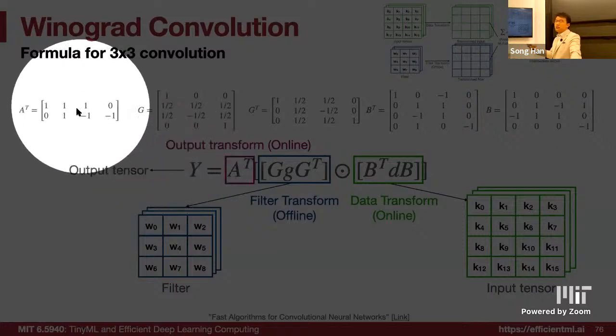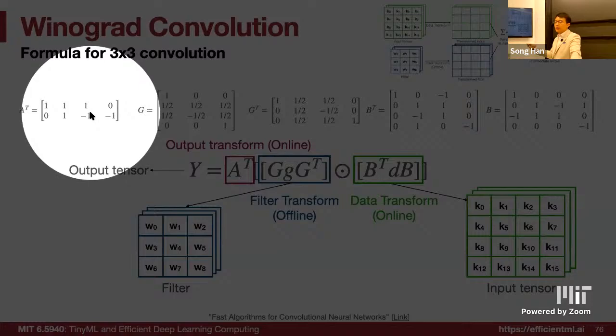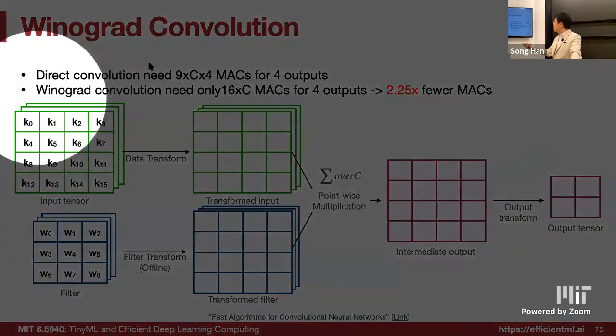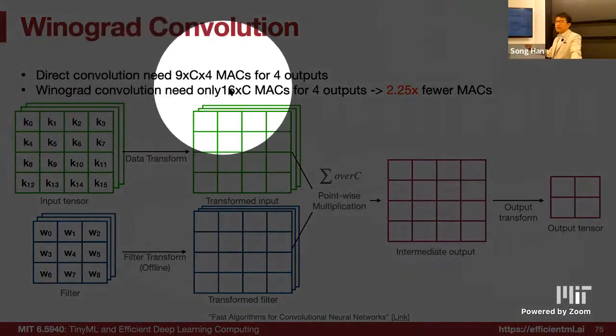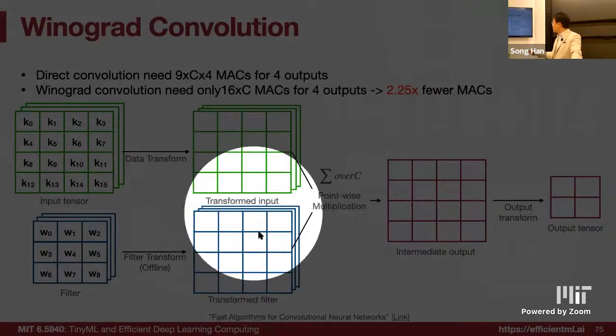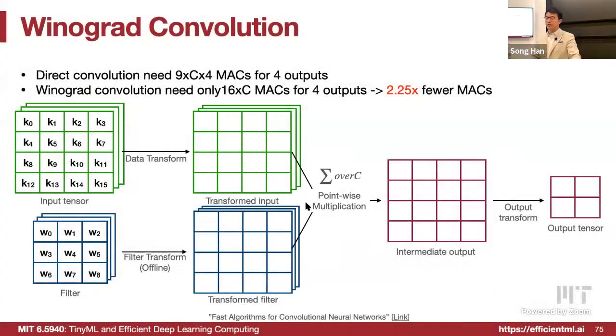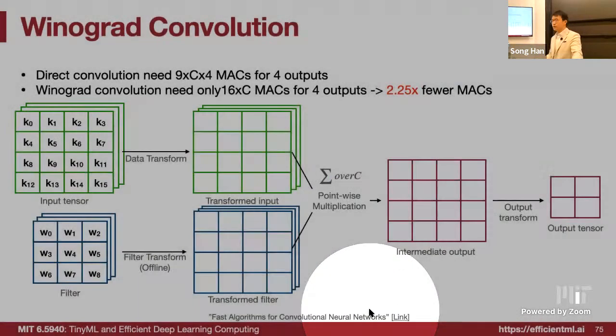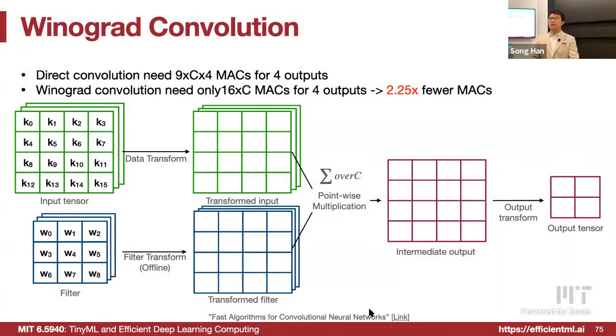Okay, this is the A matrix. Only 0, 1, minus 1. No multiplication is needed too. So that's why the total number of multiplications is reduced from 36 to only 16. 4 by 4, 16 element-wise multiplications. And this paper, Fast Algorithms for Convolutional Neural Networks, proves the result is the same.